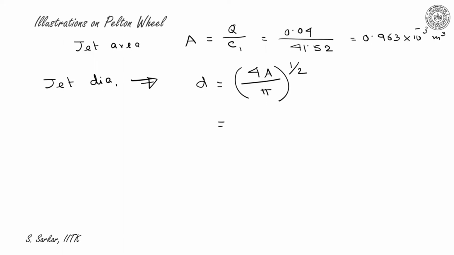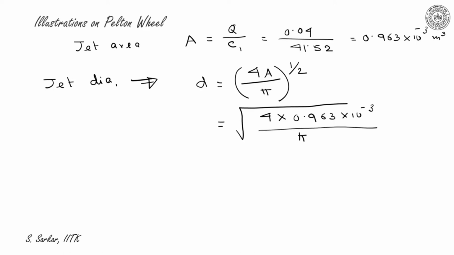So that is equal to root over 4 into the area I have evaluated, 0.963 into 10 to the power minus 3, divided by pi. If you do this calculation, you will get 0.035 meter.